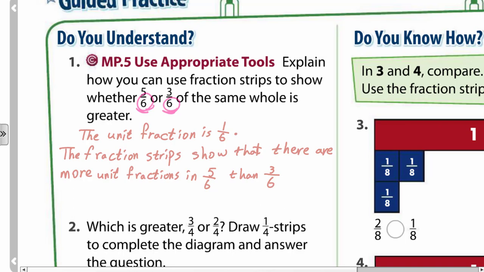So when we compare them, we will find 5 sixths greater than 3 sixths, because 5 sixths, this fraction, it has more unit fractions than 3 sixths. It has 5 unit fractions, and 3 sixths has only 3 unit fractions.